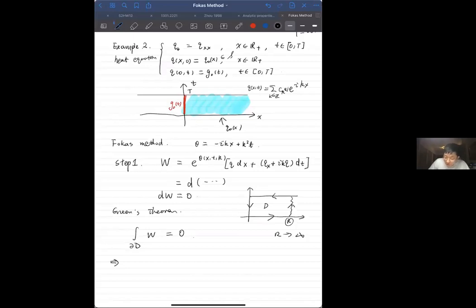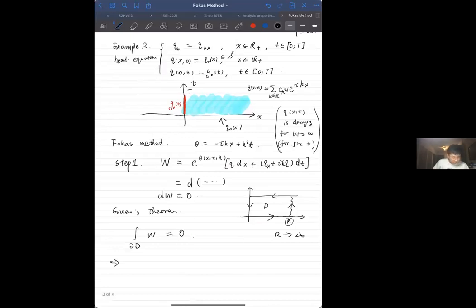When you describe this phenomenon, you have to fix T. We are looking for a solution that decays for x going to infinity for fixed T.